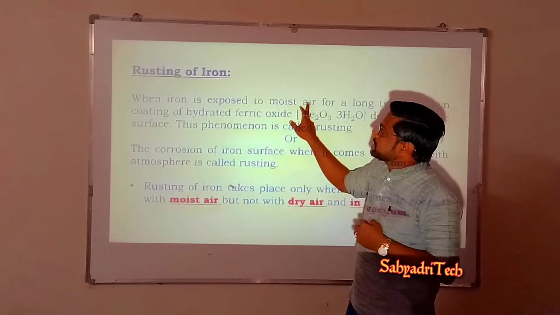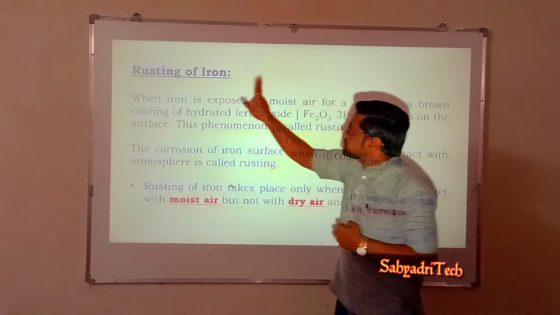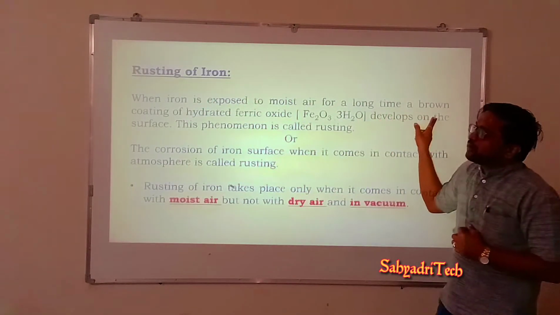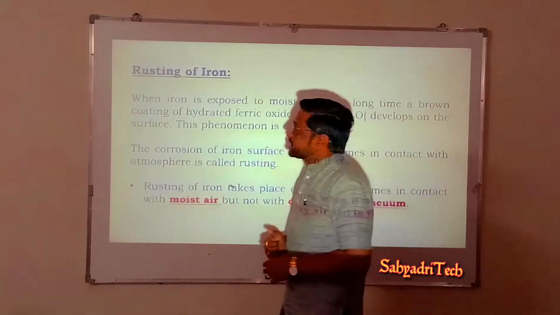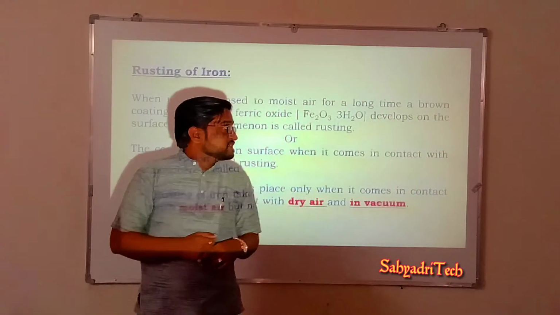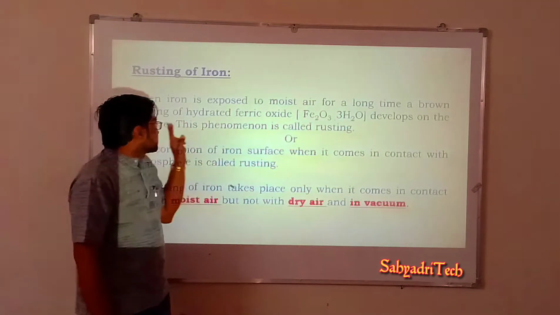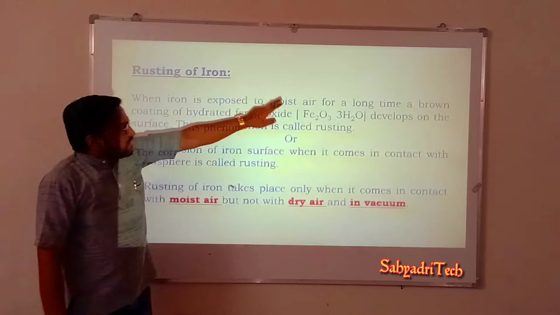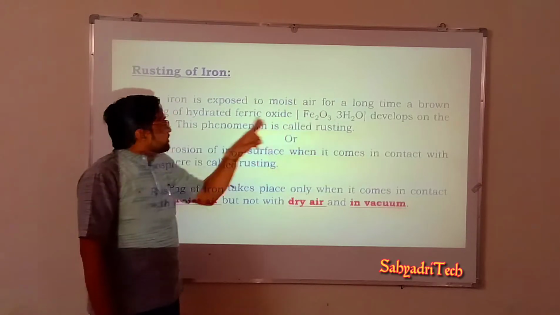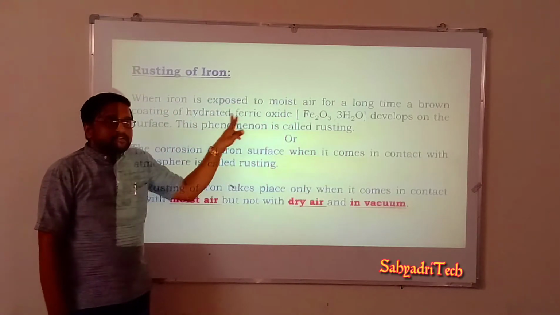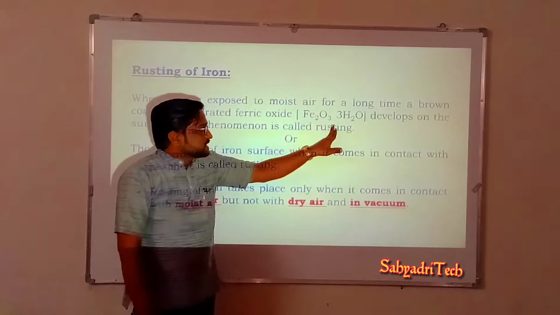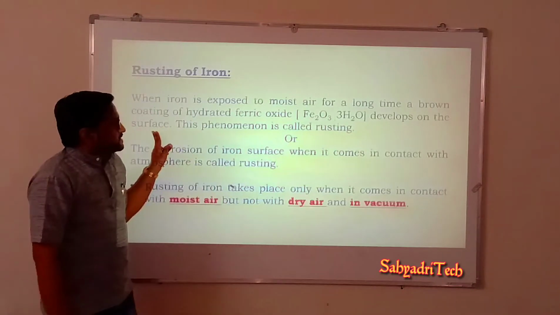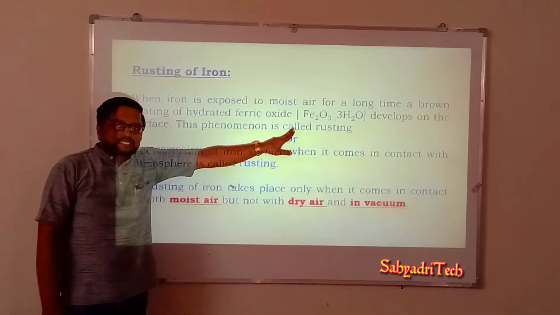So the thing to be remembered is, when iron is exposed to moist air for a long time, a brown coating of hydrated ferric oxide, Fe2O3.3H2O, develops on the metal surface. This phenomenon is called rusting.